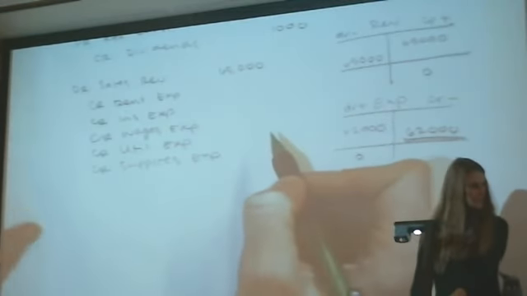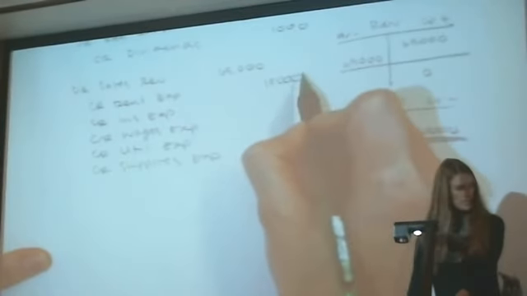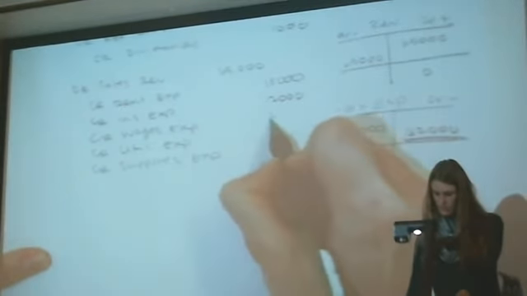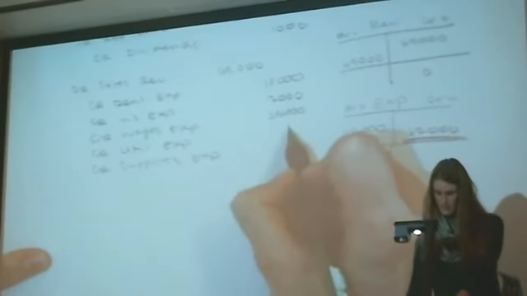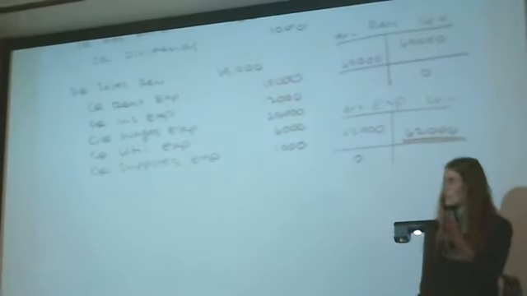Rent is $18,000, insurance is $12,000, wages $25,000, utilities $6,000, supplies $1,000.